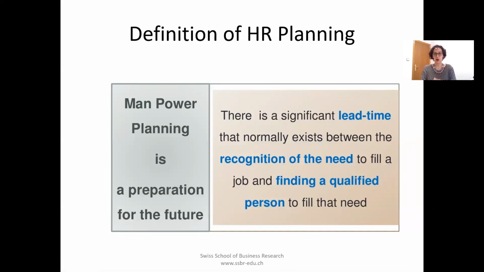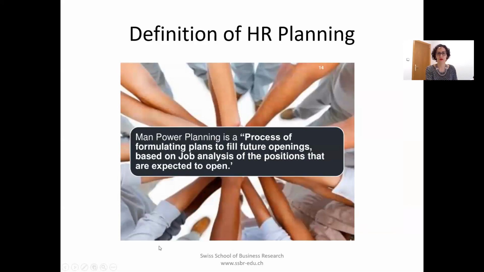The sooner that we can forecast that need, the easier it is for us to ensure that there is no hiccup and no issues with our productivity, so that we can reduce this lead time significantly.